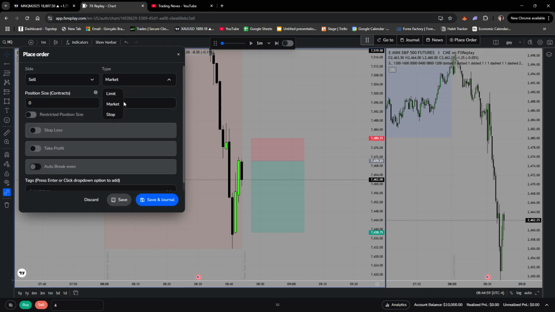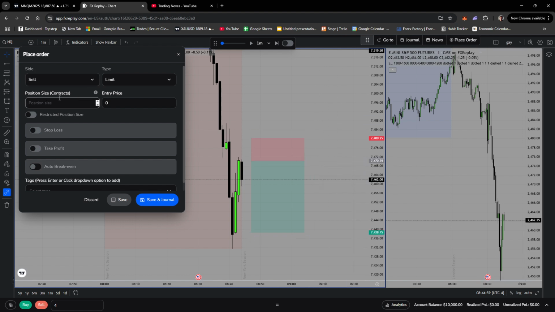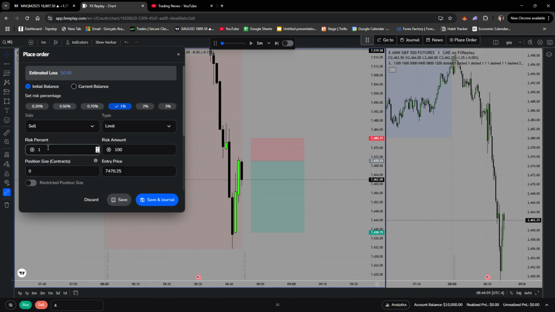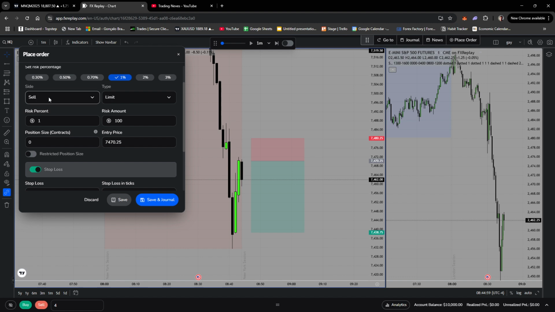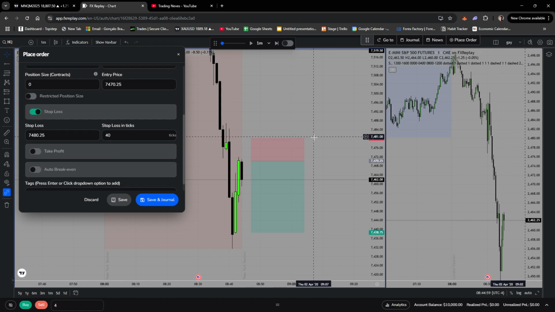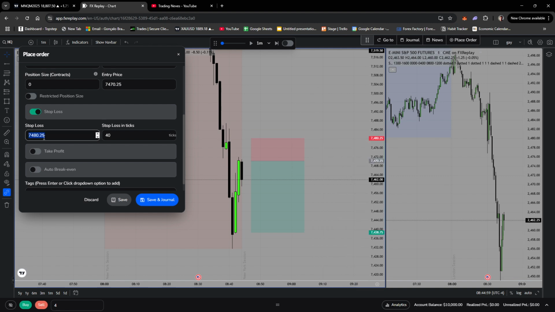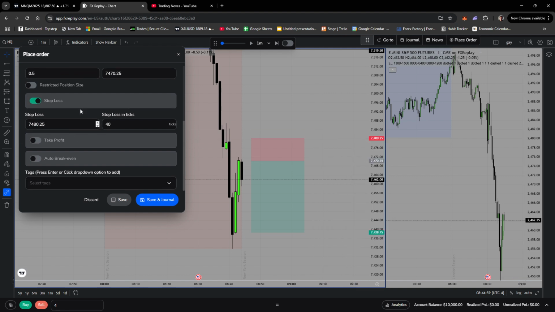We want a limit. We want to sell. So let's place the dollar amount. Entry price is here. Stop loss price. So we see entry, sell limit, okay, entry price, stop loss price we want here. So yeah, 40 ticks.